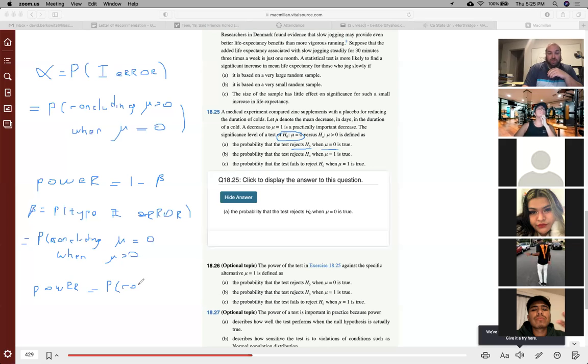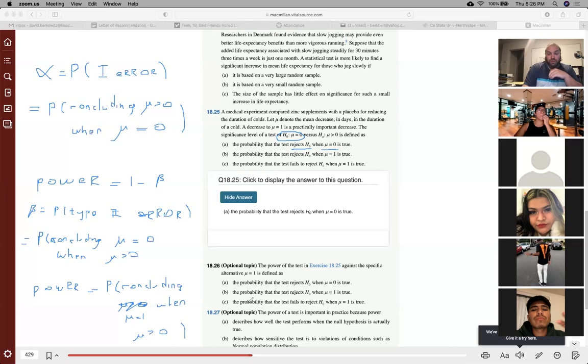That means of concluding that mu is greater than 0 when mu is greater than 0. Well, in our case, it's for a specific mu. Concluding mu is equal to 1 when mu is greater than 0.